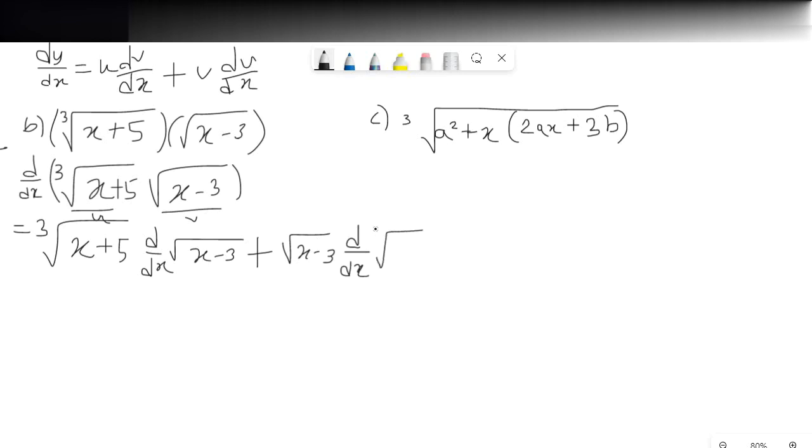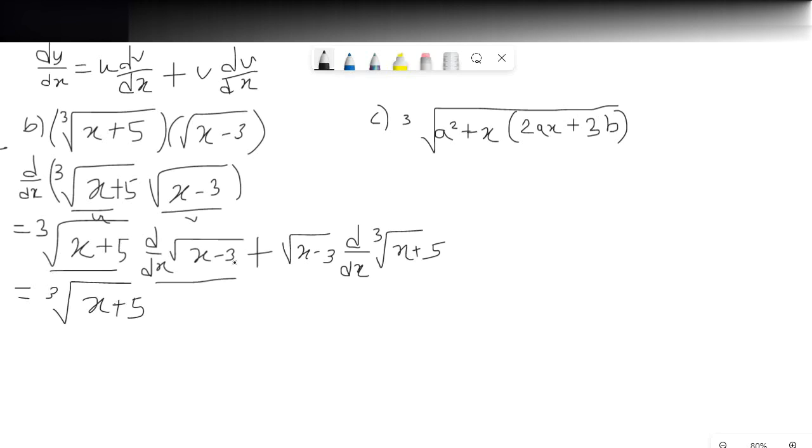So we get cubic root of x plus 5 here. So simplifying, we get cubic root of x plus 5 multiplied with the square root of x minus 3.